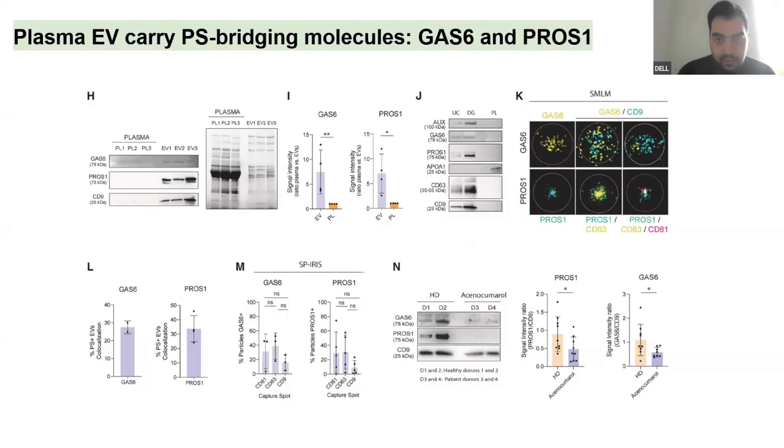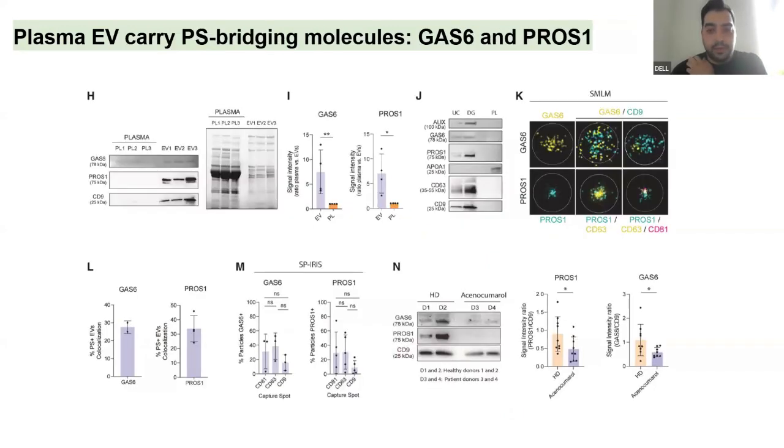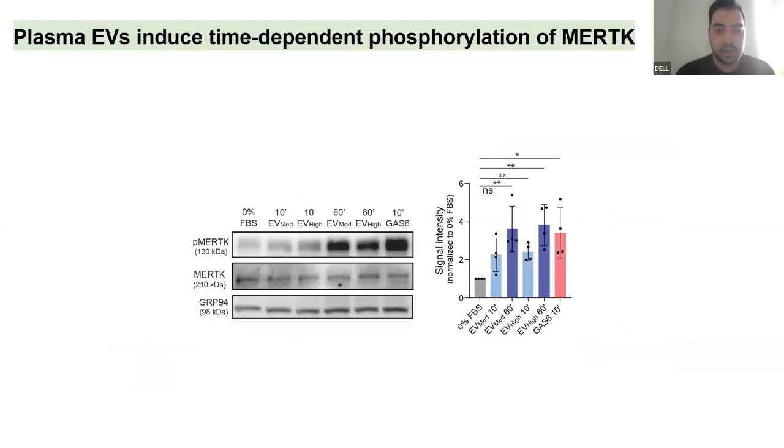So all these data confirm that we can find these soluble plasma proteins, Gas6 and protein S, in the EV corona.